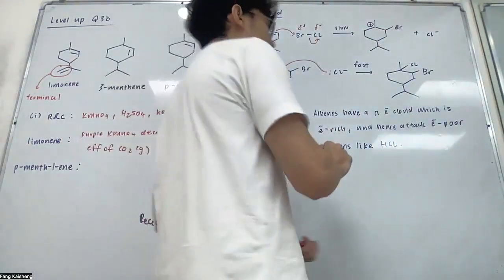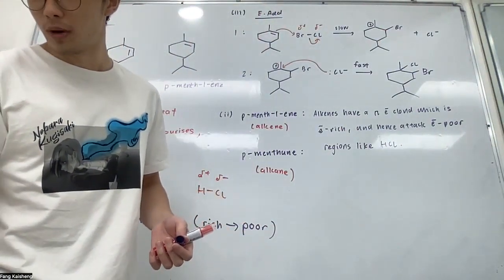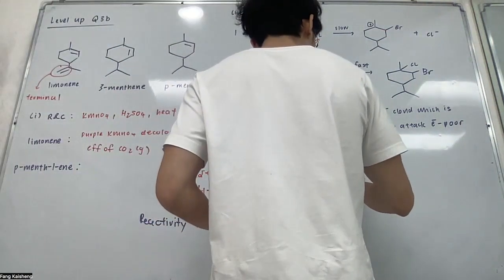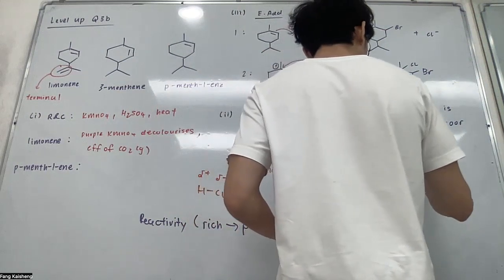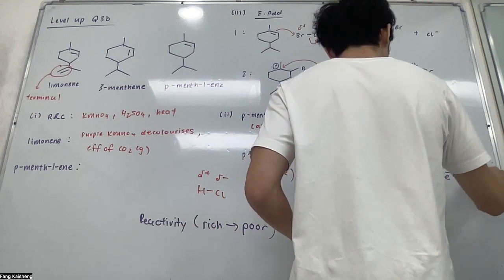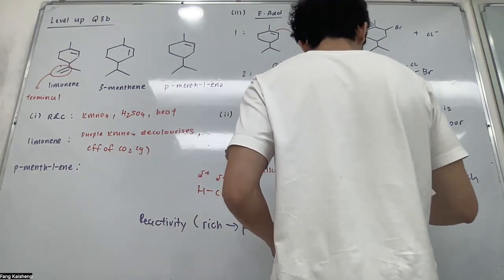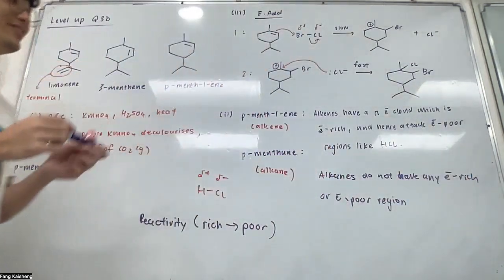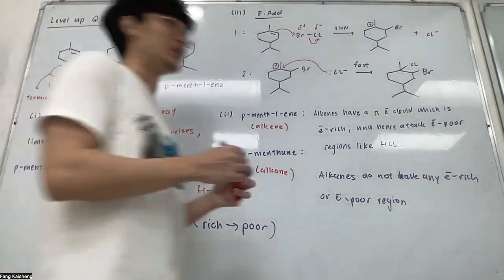Compare and contrast that with alkanes. How many marks is this? 1 mark? Okay, whatever. Alkanes do not have any electron rich or electron poor region, so it just can't attack.